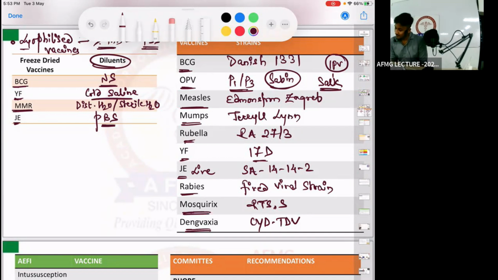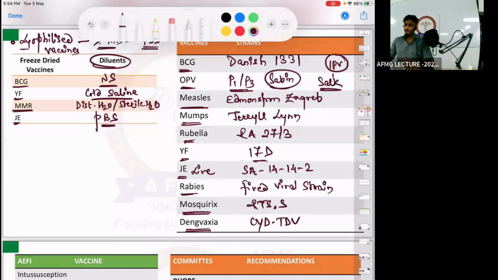Then mumps. Rubella. OPV. Live polio. Killed polio. IPV, Salk. IPV is nothing but killed polio. BCG, Danish 1331.